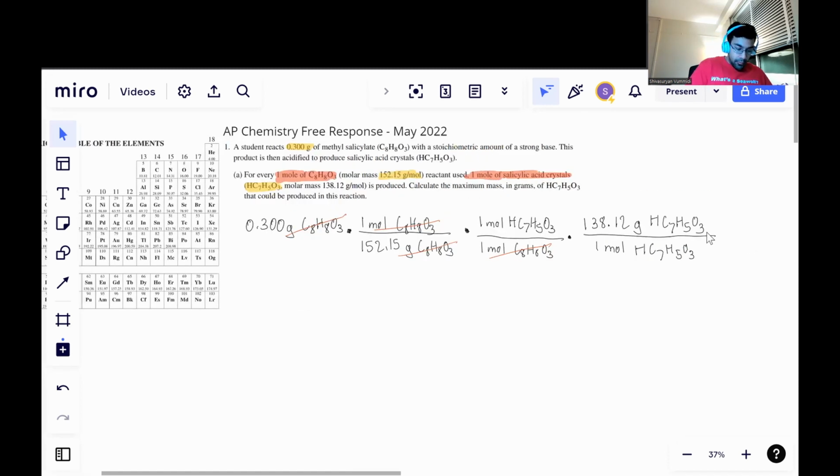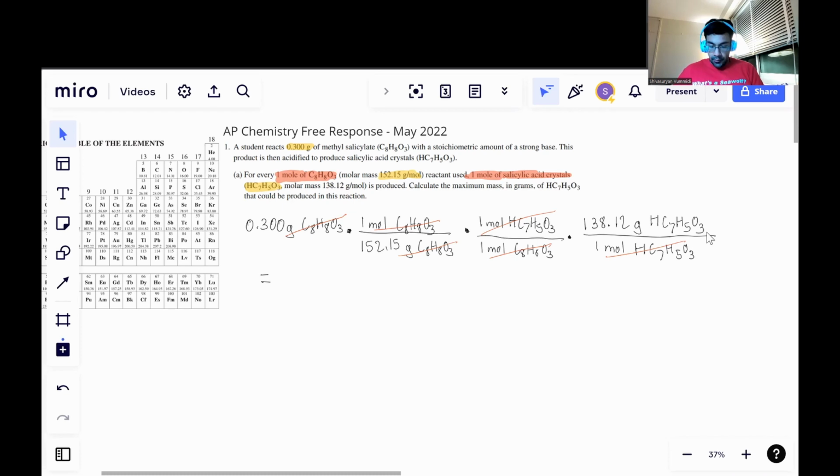So once we do that, the moles of HC7H5O3 cancel out, and now we're in the grams dimension. Great. So all we have to do is now plug this into our calculator, and we'll be able to figure this out. So let's do it.